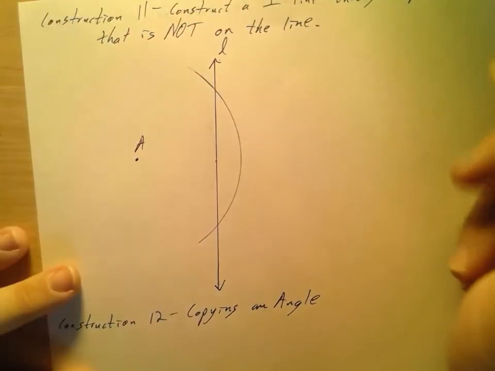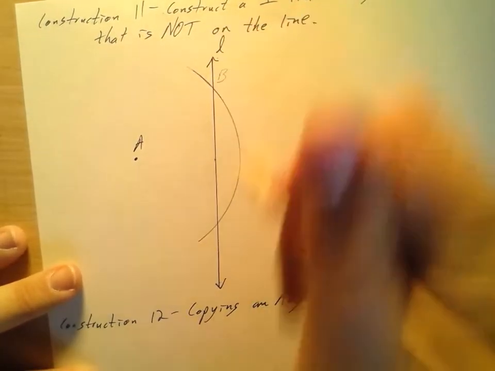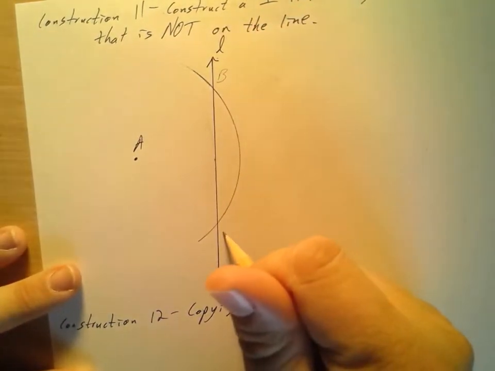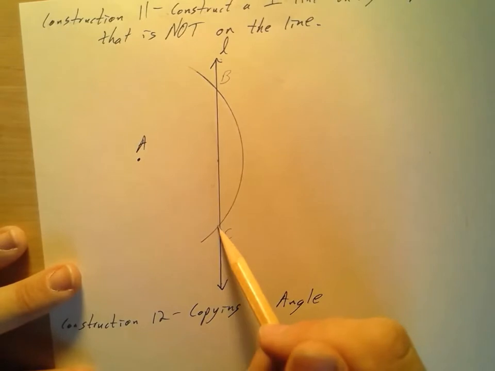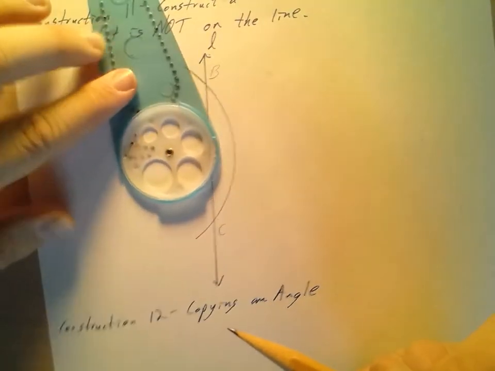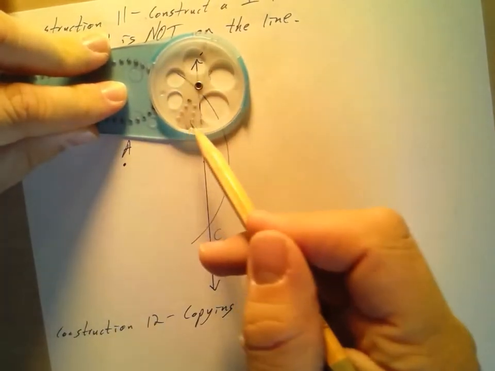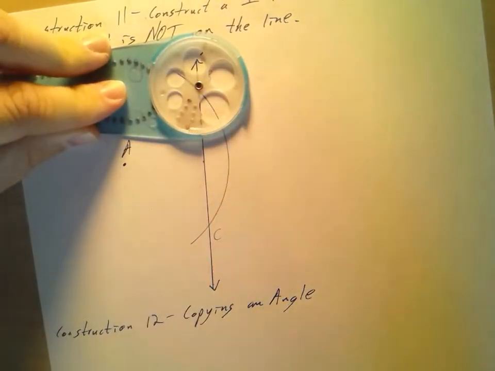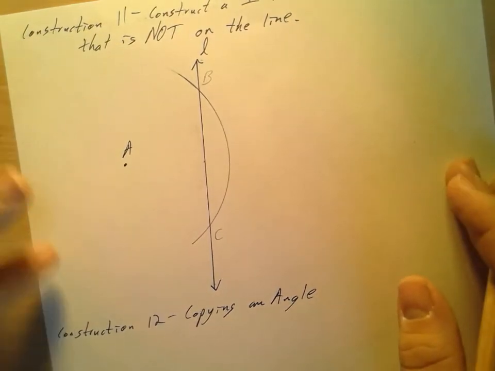What that does is it guarantees that I have a good distance between B and C, and that makes it easier to see my two points clearly. It also makes it where when I'm using my compass, I'm not having to use this inner ring. We want to avoid using that inner ring because it's just harder to use. Sometimes it's necessary, but we want to avoid it.